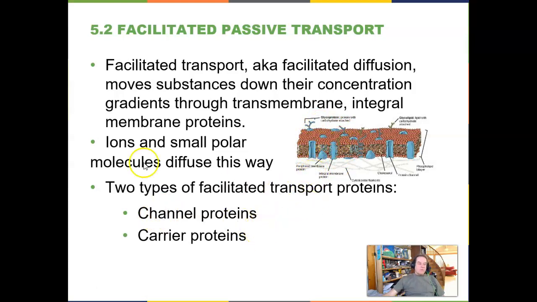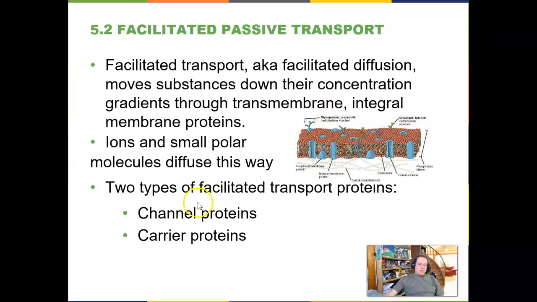That's what both of them are for. They still allow things to diffuse. They're not actively moving anything. They're just allowing stuff to move that otherwise couldn't cross the membrane because the molecules are too large, or they're too charged and would stick to the heads on either side right here.